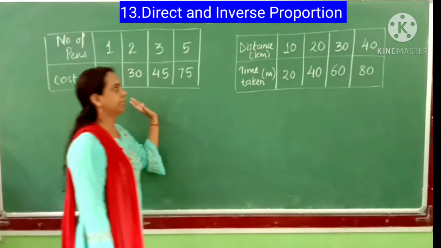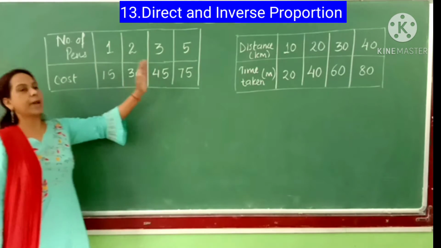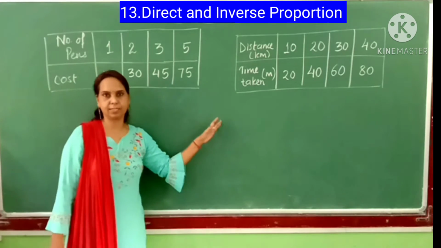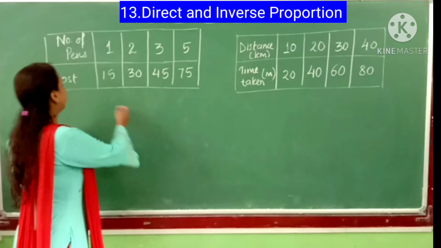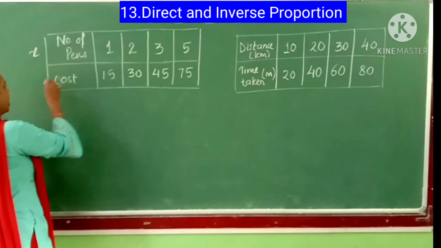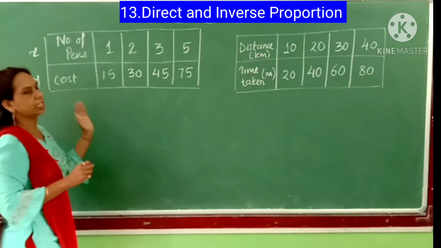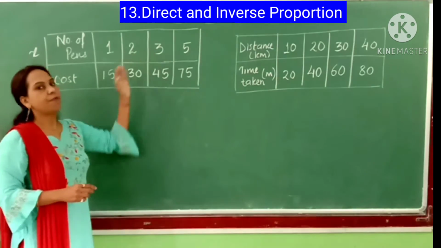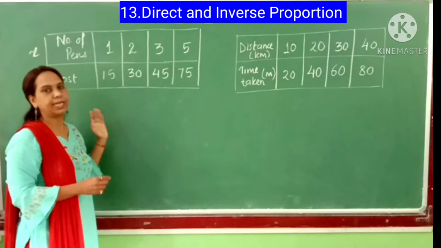Same here, when the number of pens increases, the cost of the pens also increases. Here, if we take the number of pens as x and the cost as y, then we can see that the ratio of x to y is maintained. Let us check it out.